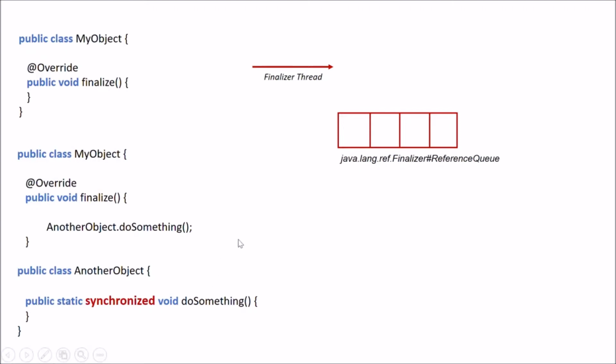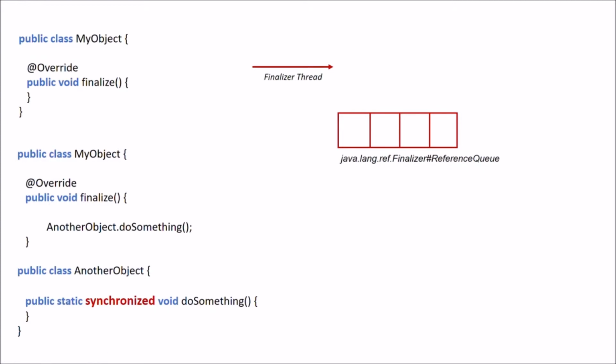Say the thread T1 is executing this doSomething method; if a second thread tries to come and execute this doSomething, it cannot execute. It will go into the blocked state until the first thread completes. Once the first thread completes, then it can go ahead and execute this doSomething method.